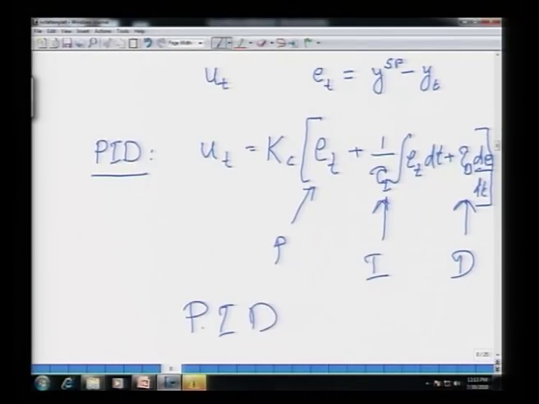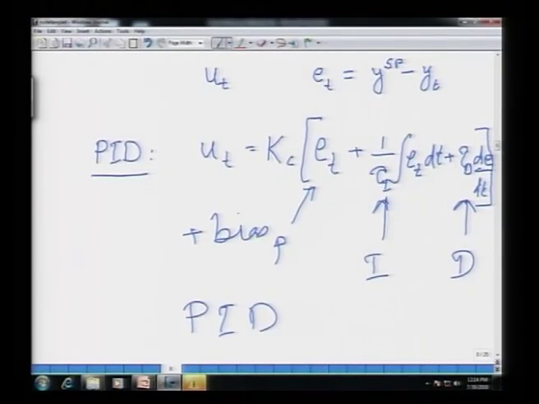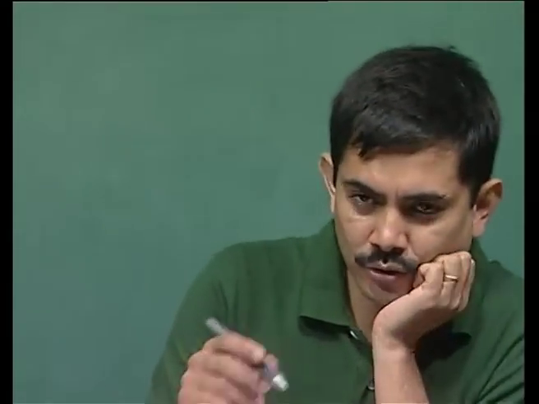Now, just a second, there is also a bias term here. This bias term is there so that the output of the controller is whatever the valve position is at that point in time at steady state. This is called the position form.